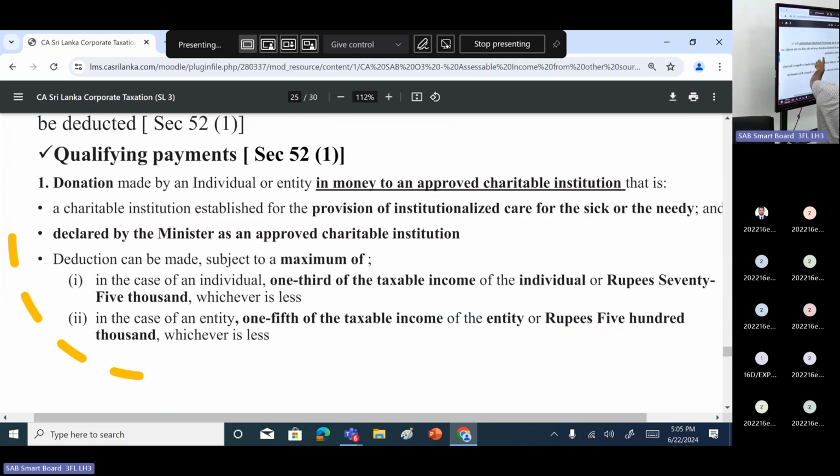Under this, remember, the first thing is donation to an approved charity. That particular donation should be cash. To claim under qualifying payment, it should be cash, and there is also a maximum limitation. Remember, a definition has been given for the charitable institution. All criteria need to be satisfied to claim a qualifying payment.